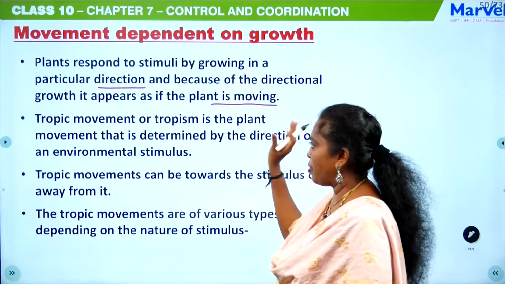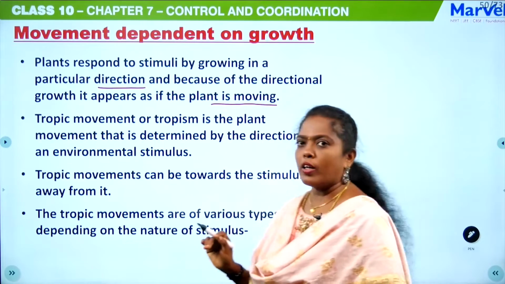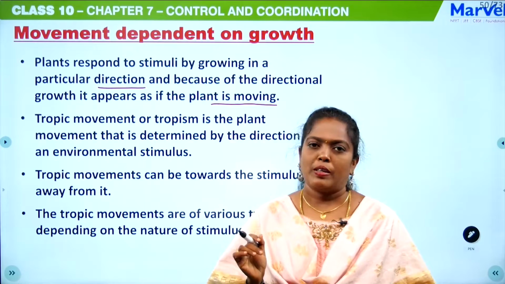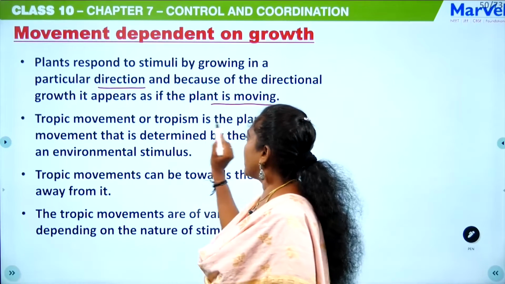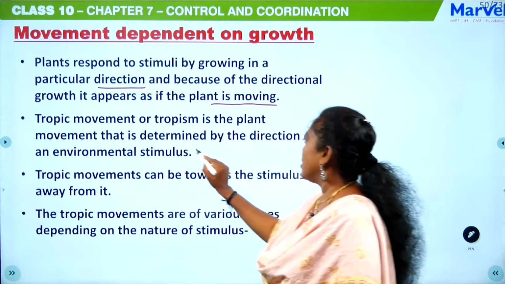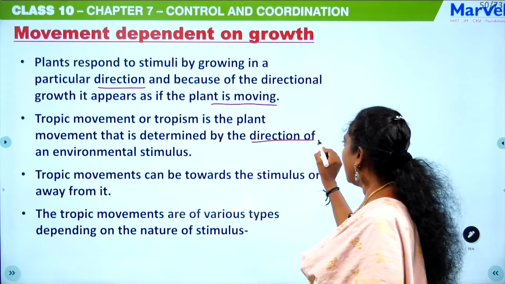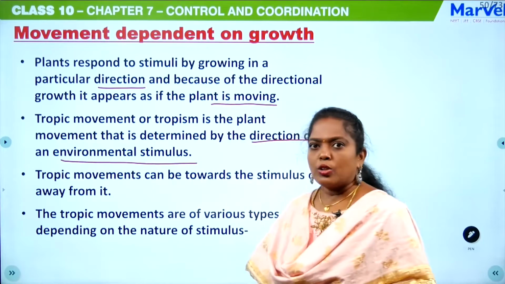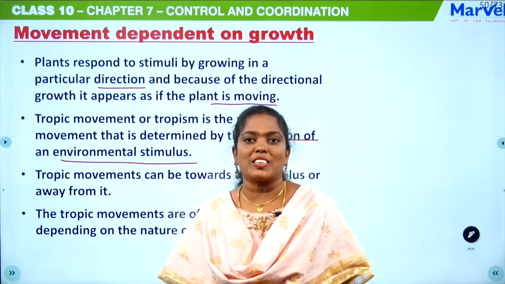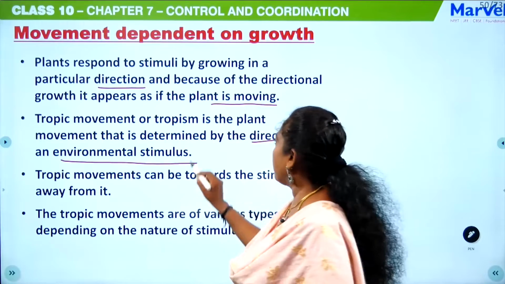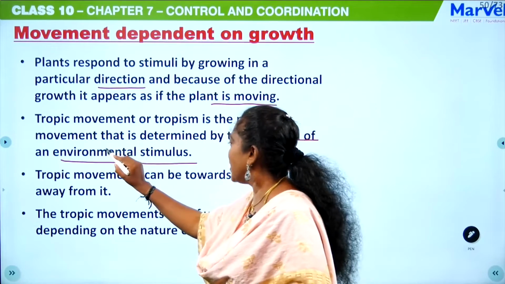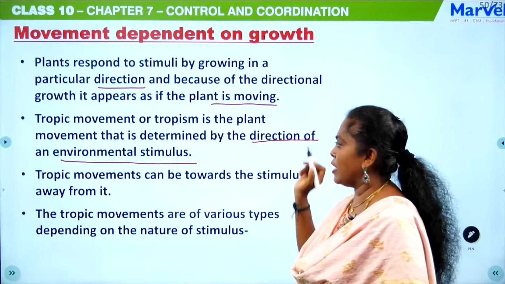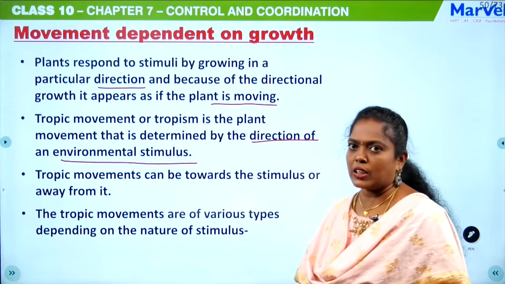A small intro: what is a tropic movement or tropism? A tropic movement is the plant movement that is determined by the direction of an environmental stimulus.